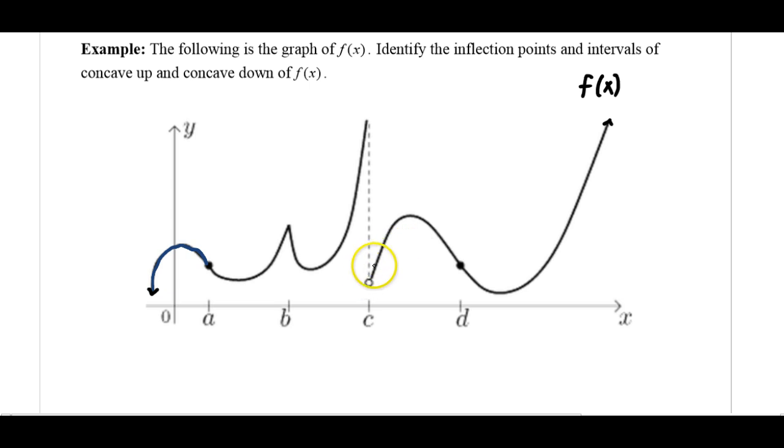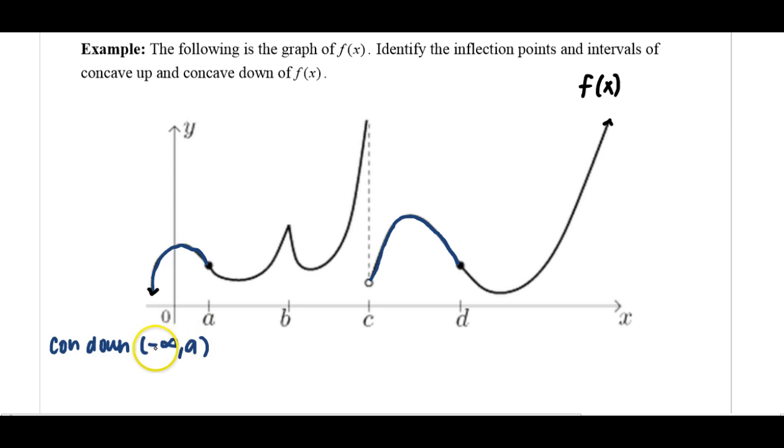So I'm going to skip over to this x value at c and start to draw what looks like another downward facing bowl. So another interval of concave down. And then at d, it looks like I changed to a concave up interval. So if I were to write my intervals of concave down, since this graph is going left forever, I'm going to start at negative infinity and go all the way up to the x value a.